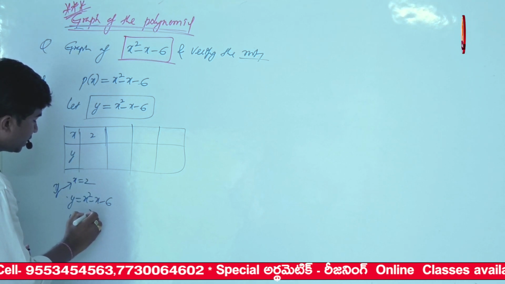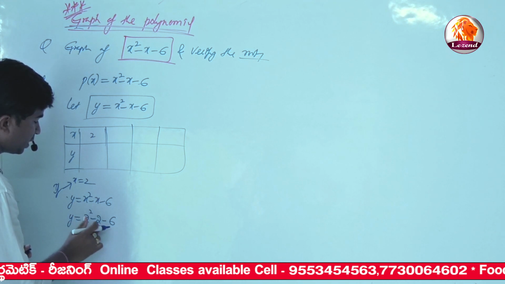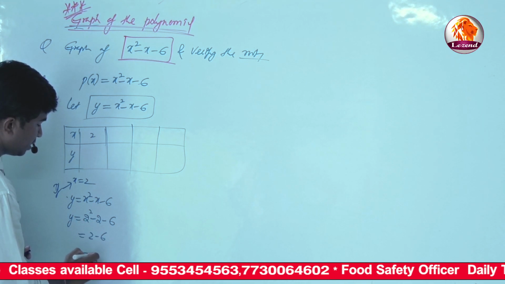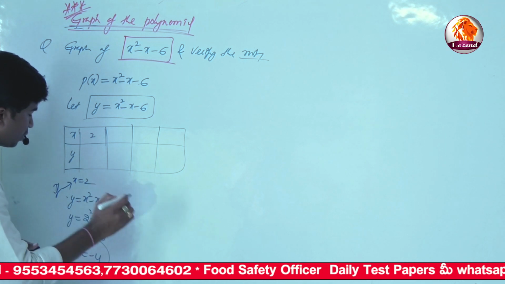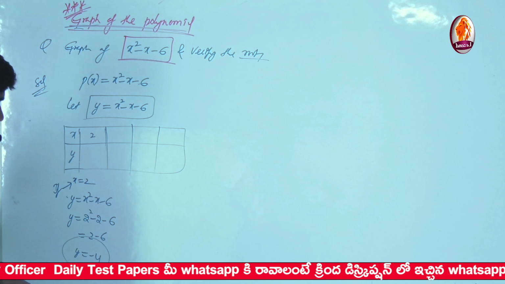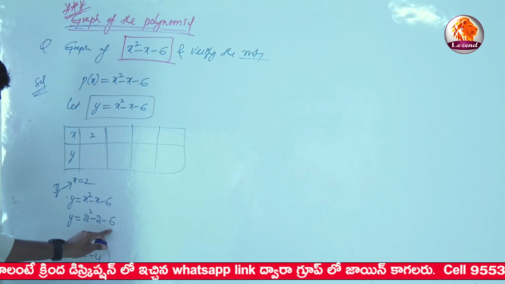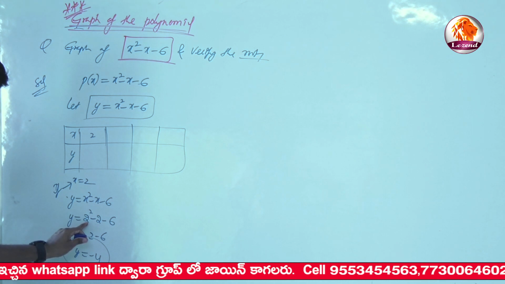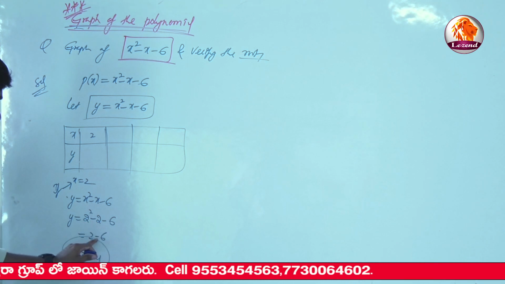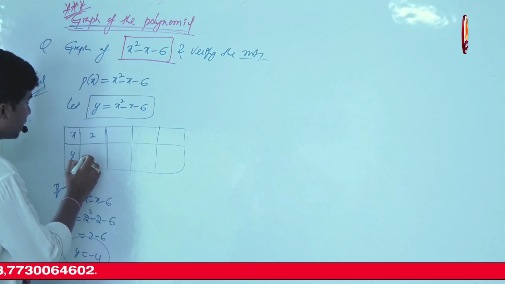So 2 square minus 2 minus 6. 2 square is 4, 4 minus 2 is 2, 2 minus 6 is equal to minus 4. If x value is 2, y value is minus 4.